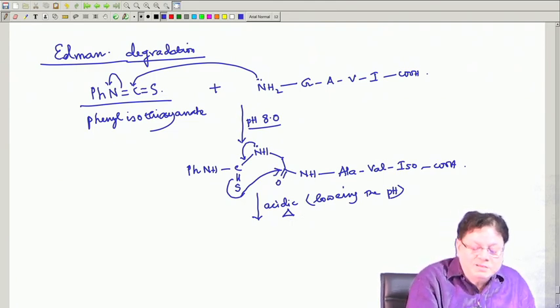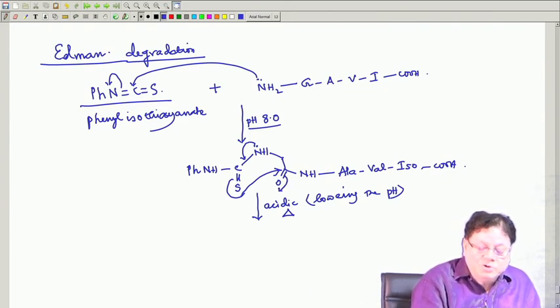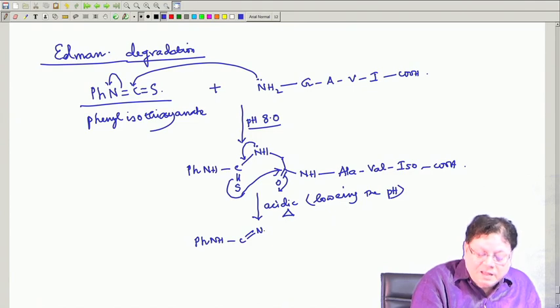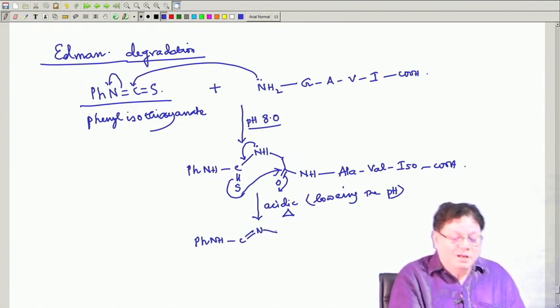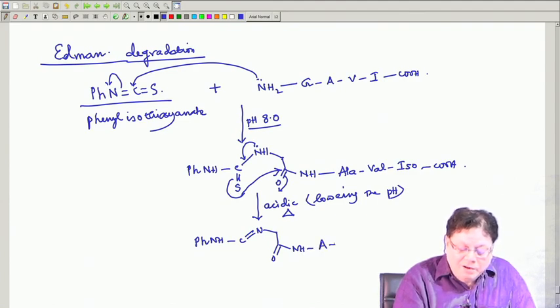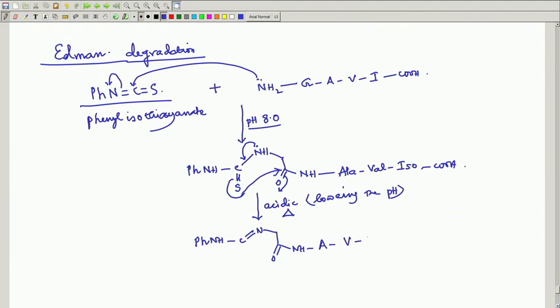So, what you get is this carbonyl then withdraws the electron towards itself. So, what you get is PhNH, then C, double bond N, the nitrogen will definitely lose the hydrogen, that is now the amide, the peptide bond, and then you have alanine, then valine, then isoleucine. Okay.